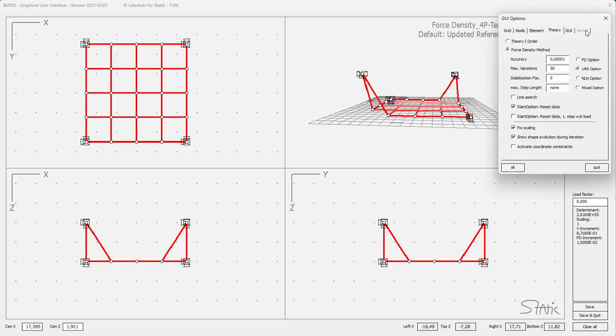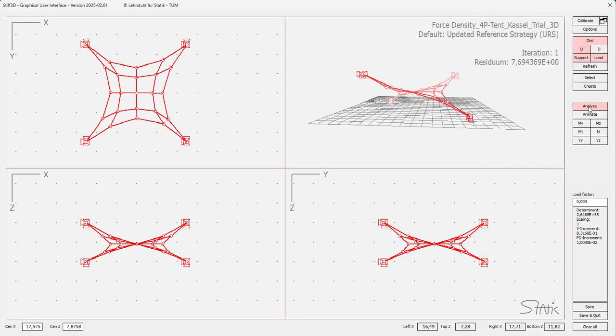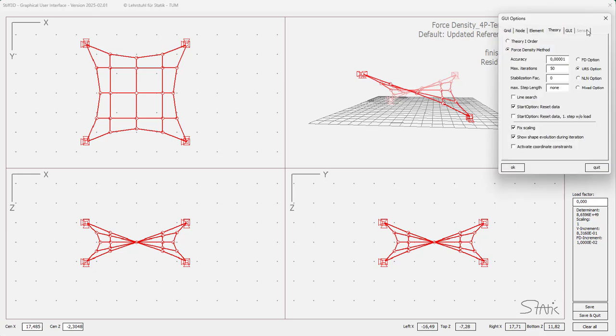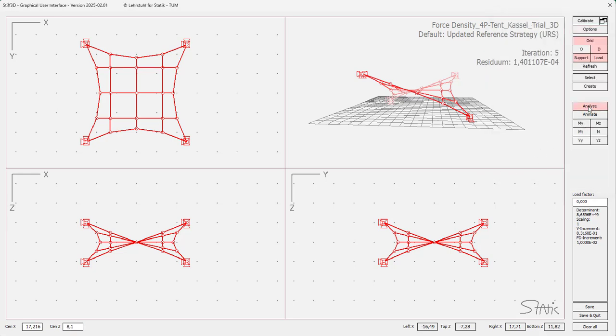Okay, let's look at the algorithm parameters. Everything is okay. We take 50 iterations and start it. And there it is. You see nicely as it seems to converge. After 50 steps, not completely converged, but if we go further, nothing happens anymore really.